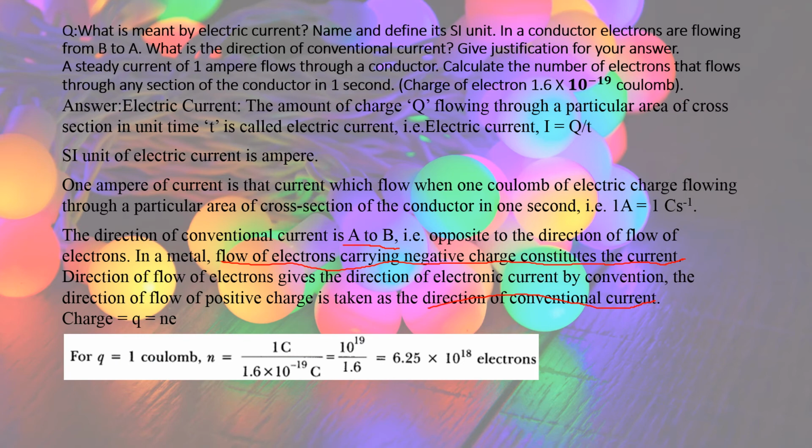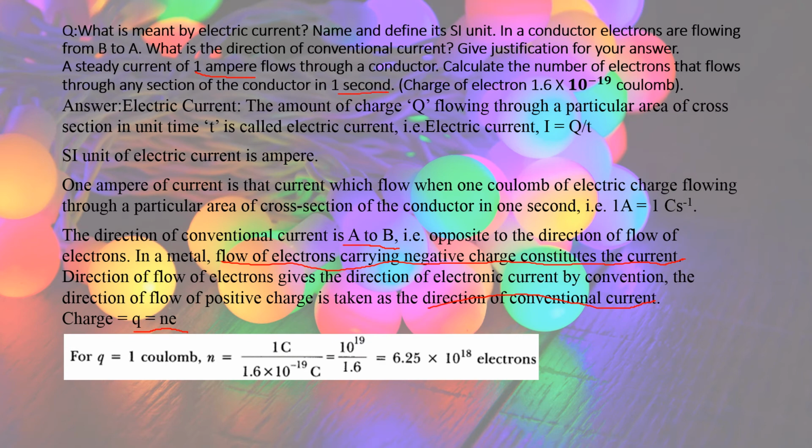Next question, calculate the number of electrons that flows through any cross section of conductor in 1 second. So here we have to find out what is the number of electrons. So for that we can use Q is equal to N into E. N we have to find out. What is the value of Q? That is charge. Charge is equal to current into time. Current here it is given as 1 ampere and time is 1 second.